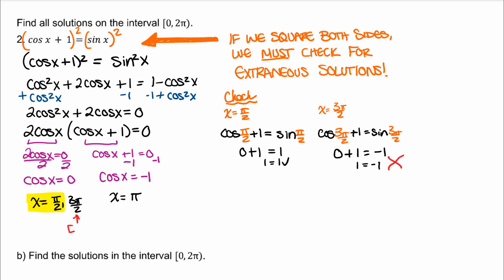Because 1 does not equal -1, 3 pi halves is an example of an extraneous solution. But pi halves and pi are true solutions of the original equation on the interval 0 to 2 pi. So those are my only answers.